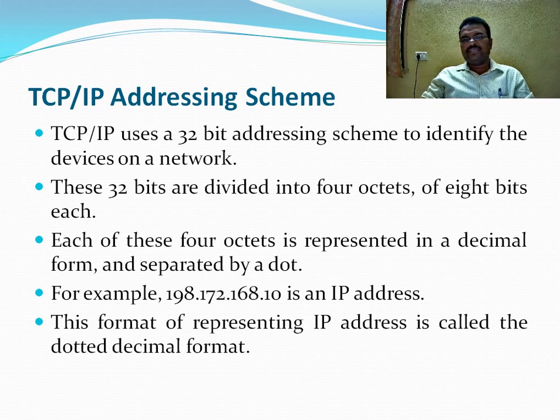So these 32 bits are divided into 4 octets of 8 bits each. Each of these 4 octets is represented in decimal form and separated by a dot. Example: 198.172.168.10 is an IP address. And this format of representing an IP address is called the dotted decimal format.